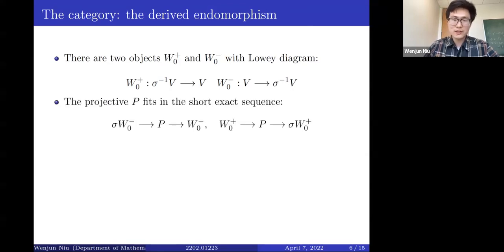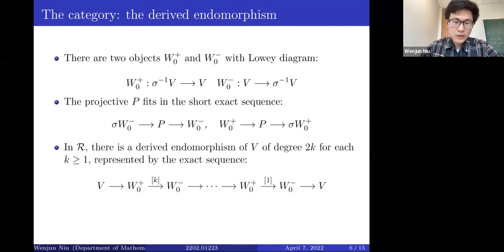And this category turns out to have projective modules. And this projective fits into the following exact sequences. And again, this character uniquely characterizes this projective module P. So what we found is that in this category R, there are actually higher derived endomorphisms of the vacuum, and they can be represented by the following exact sequences.